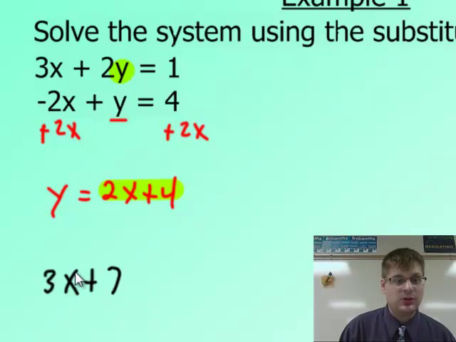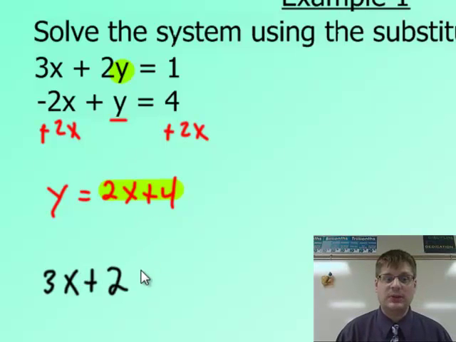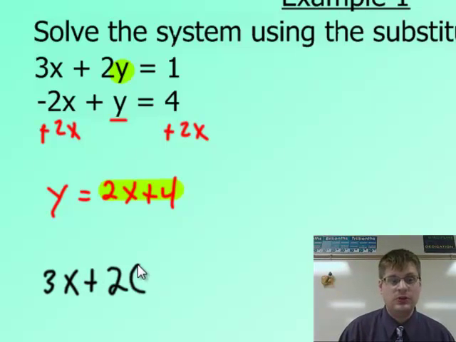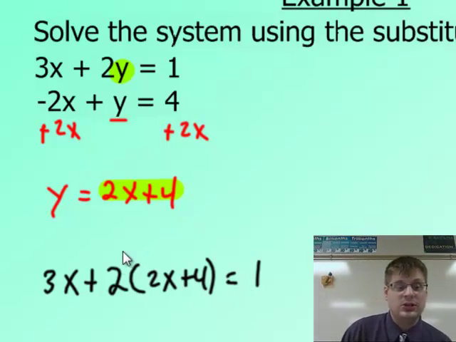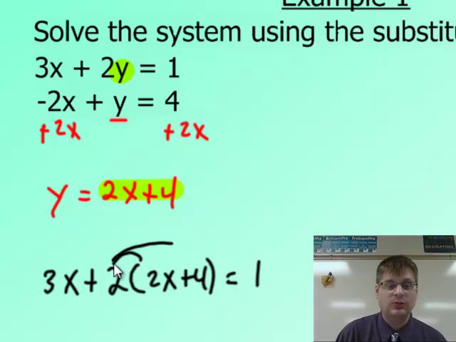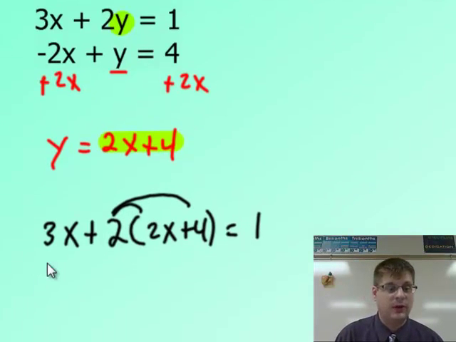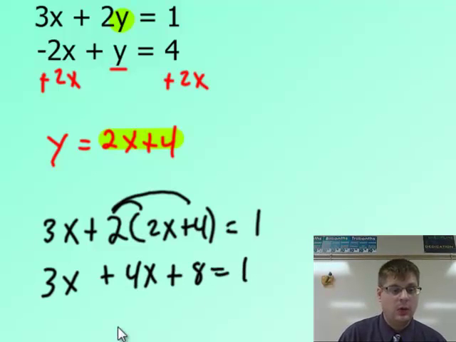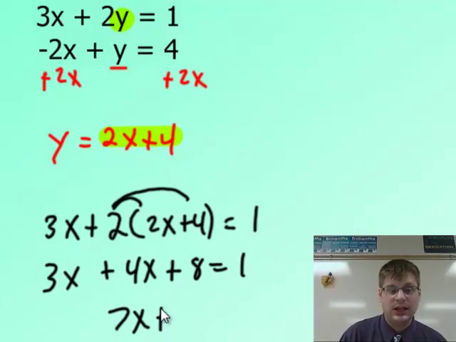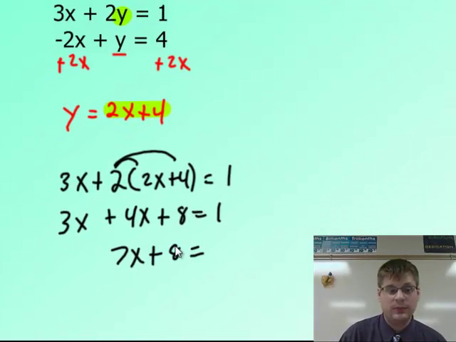So what that's going to look like is 3x plus 2, but instead of y we're substituting this expression, 2x plus 4, equals 1. Now, all I want to do is distribute that 2, and we're just going to start solving for x. So we get 3x plus 4x plus 8 equals 1, or 7x plus 8 equals 1.